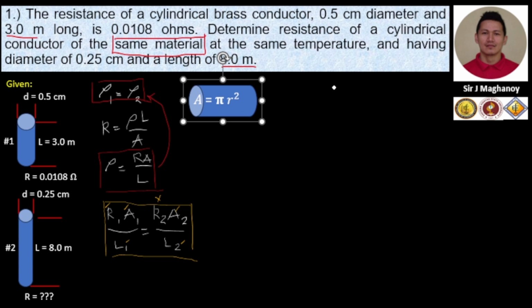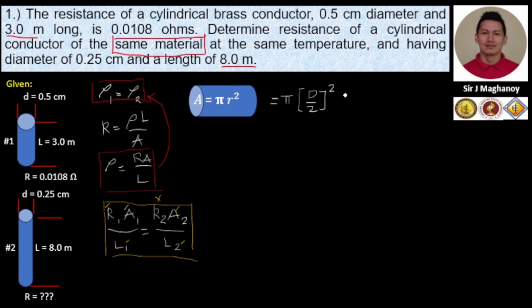Since our given is in diameter, the area is equal to pi times d over 2 squared.